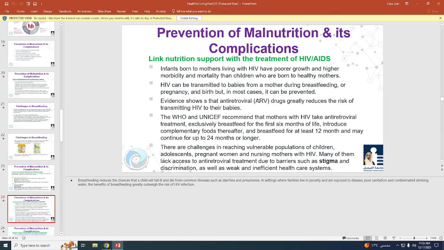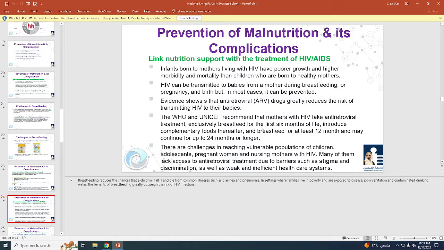How is that valid? She has HIV, what about the baby? Maybe he will contract HIV from his mother. If the mother is taking the medication, it is okay, and our concern is also that the baby might contract an infection from the environment.